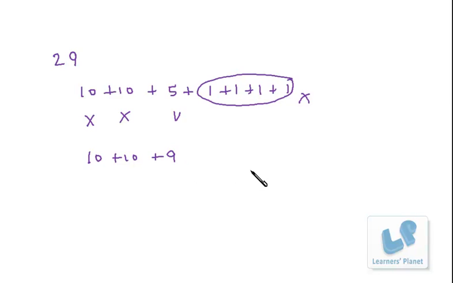According to the rules of the Roman number system, if I write I before X, and I is smaller in value than X, that means it represents 9, that is 10 minus 1. So we have the value of 9. Now this 10 is X, this 10 is X, and we have the value of 9, that is IX. So it is X, X, IX. That is the representation of 29.